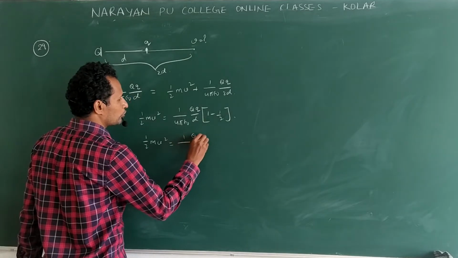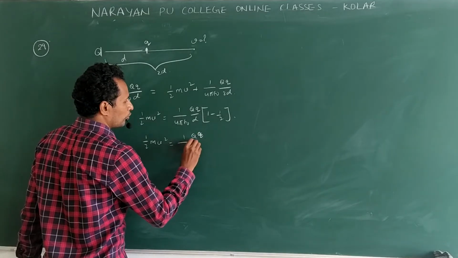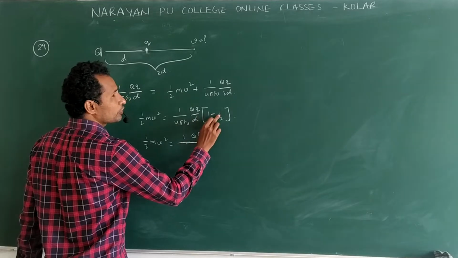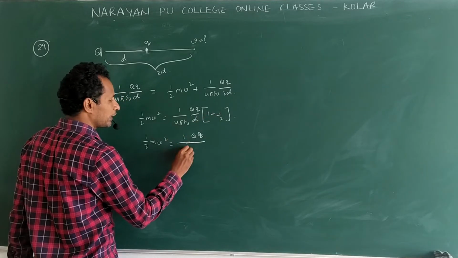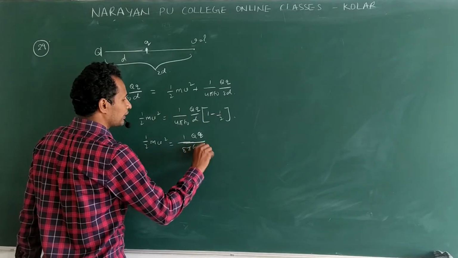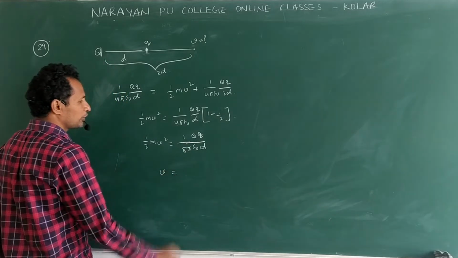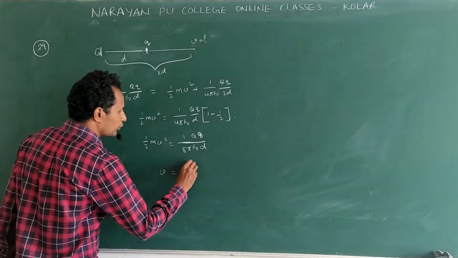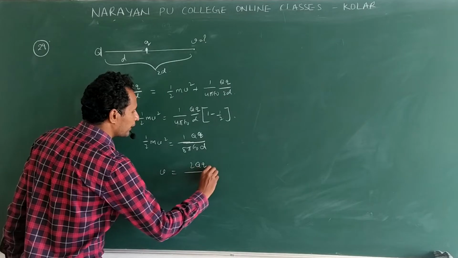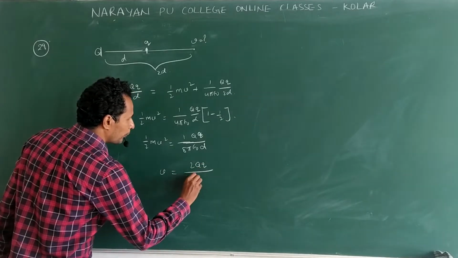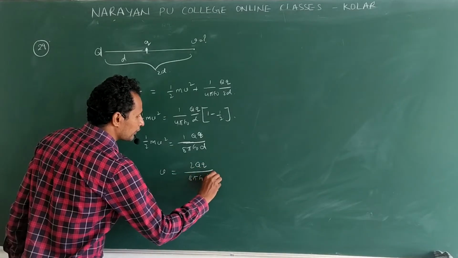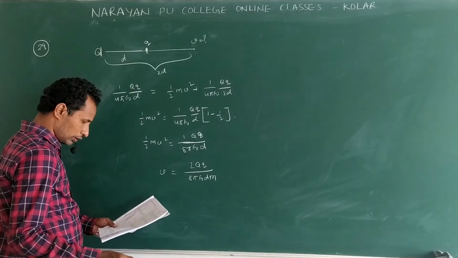So this is Qq by 1 minus 1 by 2, 1 by 2, 2 into 4, 8 pi epsilon naught d. So make v the subject, 2 goes this side, 2Qq by 8 pi epsilon naught d m. Clear?